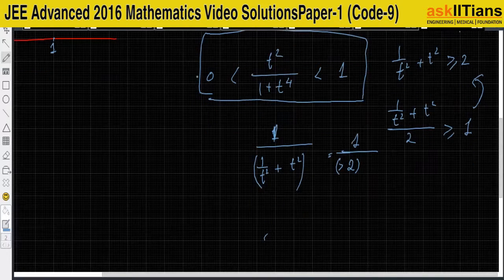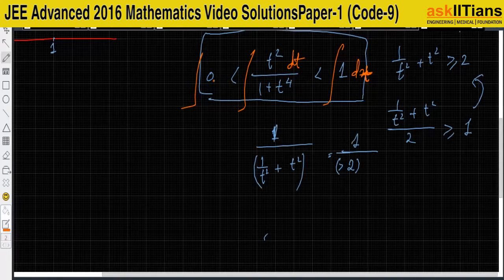Now we can integrate everywhere with respect to dt, from 0 to 1, because it's an increasing function. So this thing will be between the integral of 0 from 0 to 1 and the integral of 1 dt from 0 to 1.